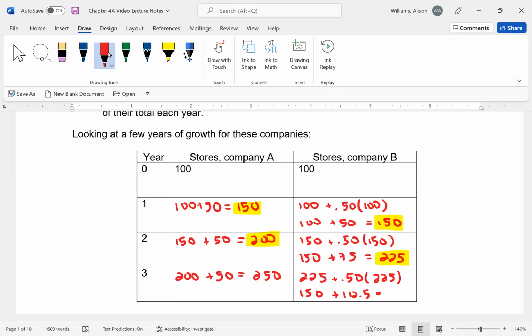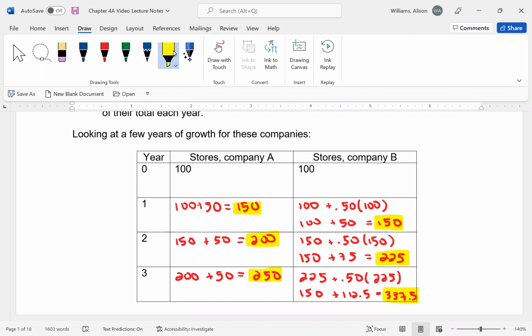I'll just pretend for a second 112.5, which comes out to 337.5, or probably just round to 338 because it doesn't make sense to have half a store. Okay, there we go. So again, they're starting to really peel away from the growth that company A is seeing. They're actually in the 300s and well into them at this point.